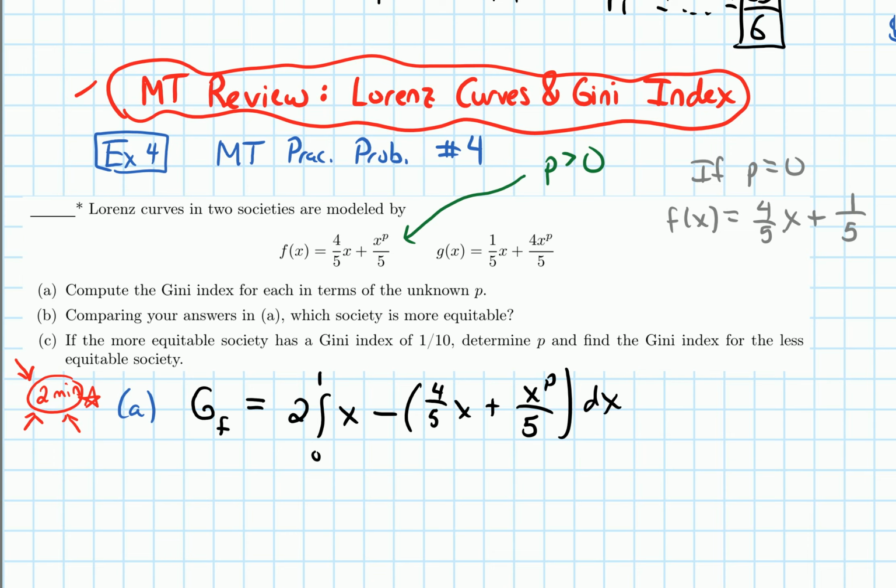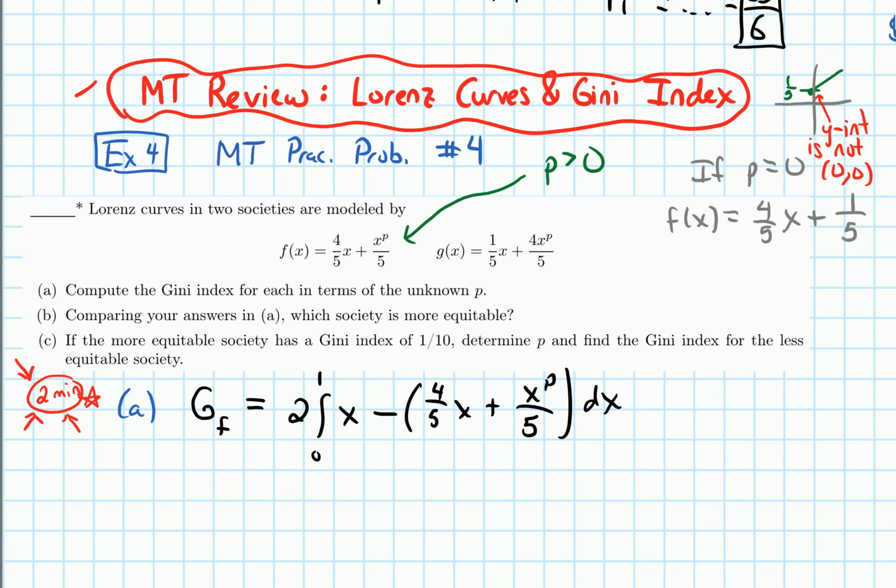And if I looked at the graph of that, it doesn't start at 0, 0. It starts at 0, 1/5, and that's bad. So the y-intercept is not 0, 0 here, and that's bad for us.